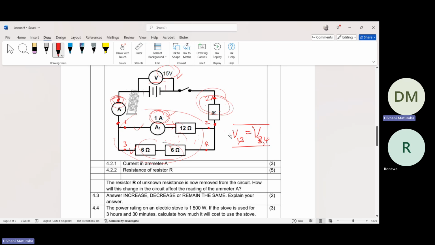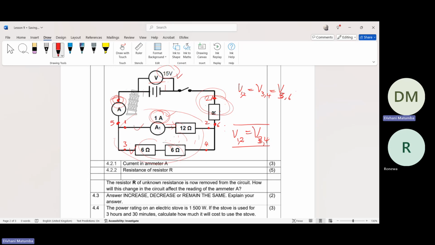And also, okay, if that's 4, let me say this is 5 and that is 6, the potential difference across 1 and 2 is equal to the potential difference across 3 and 4, same as the potential difference across 5 and 6. You said you understand that concept, right? Yes, sir.